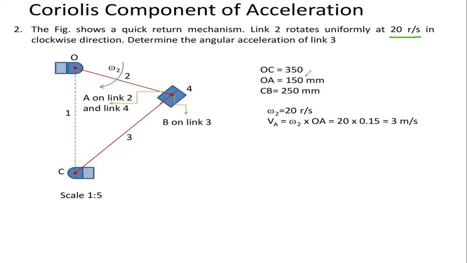We have the lengths of the links given. The first one is OC, which is 350 mm. This is the OC line, which is the fixed link.